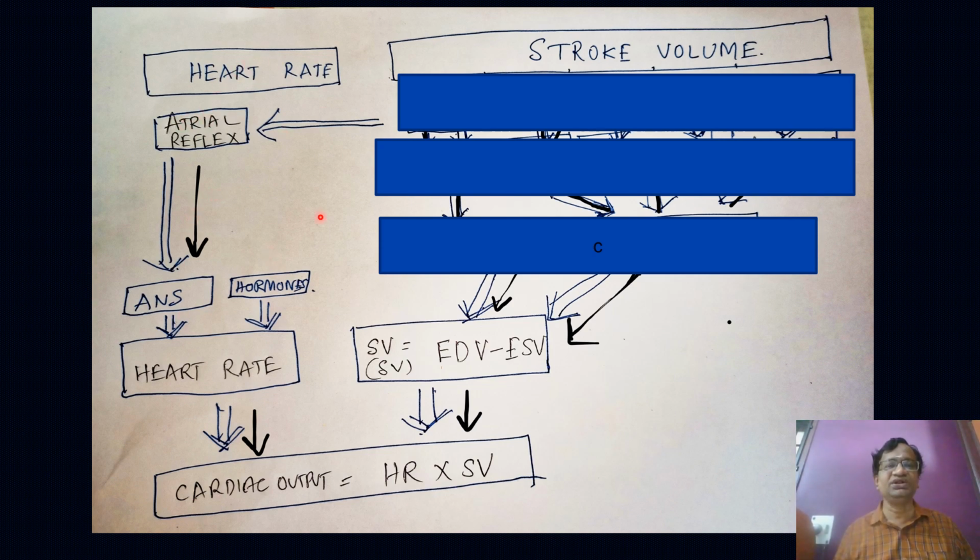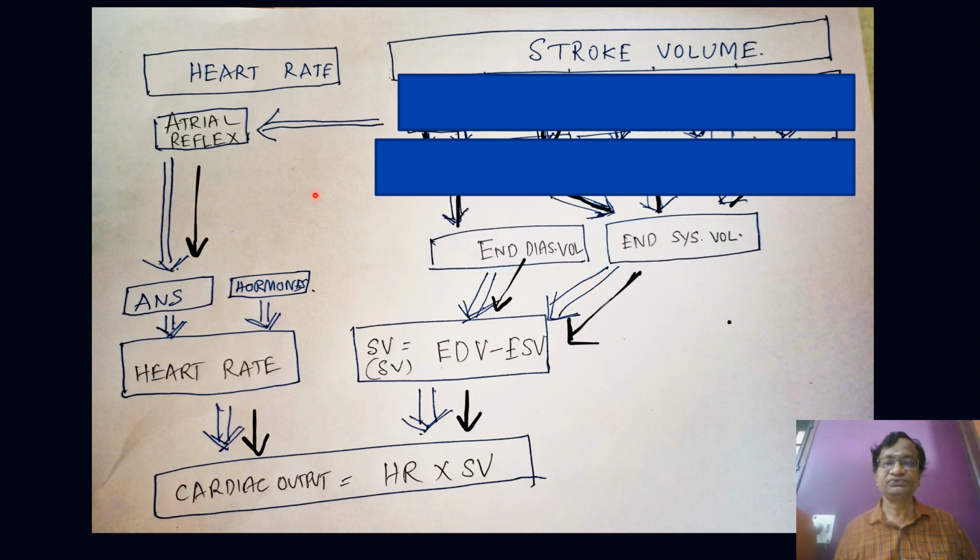The heart rate is independently controlled by the autonomic nervous system, but this atrial reflex comes from here to control the heart rate. Now we know heart rate and stroke volume, but sometimes the stroke volume or its determinants may control the heart rate by way of the atrial stretch reflex.